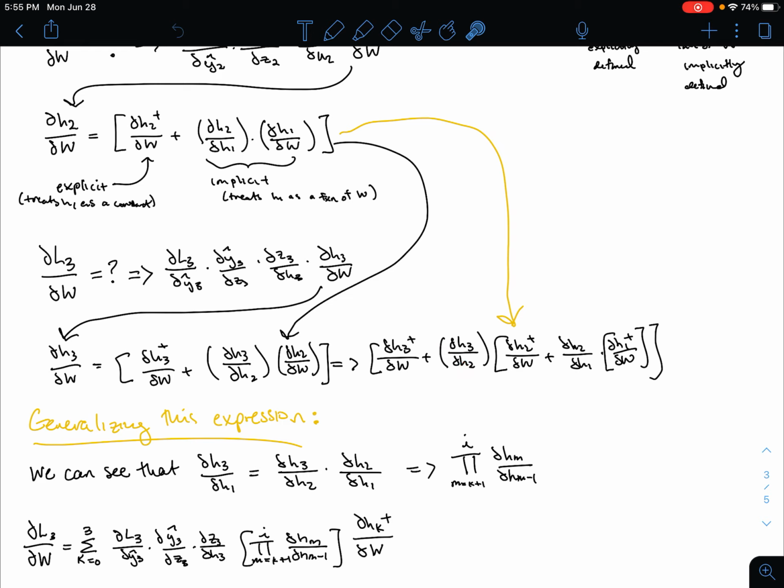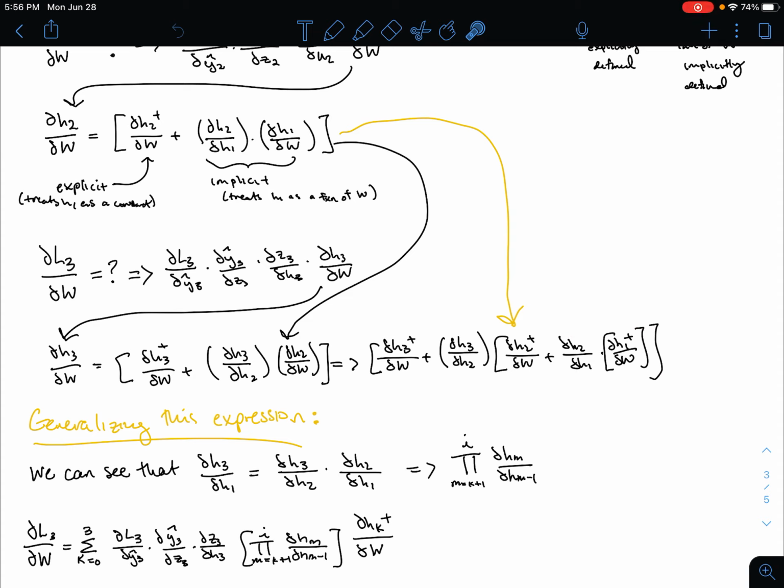And so we're going to have a lot of extra explicit definitions here. So not just this one, but this one as well. So this is the explicit definition for ∂H3/∂W, and then this is the implicit definition, right? And in the implicit definition, we have the explicit definition for ∂H2/∂W, and the implicit version for ∂H2/∂W.